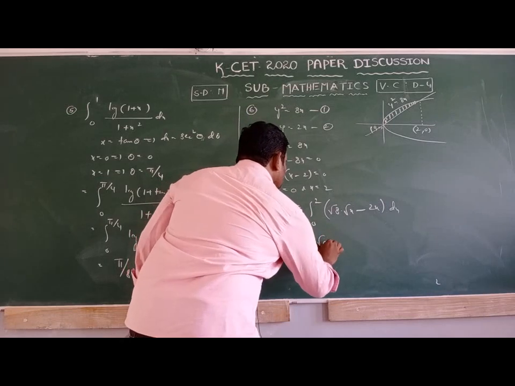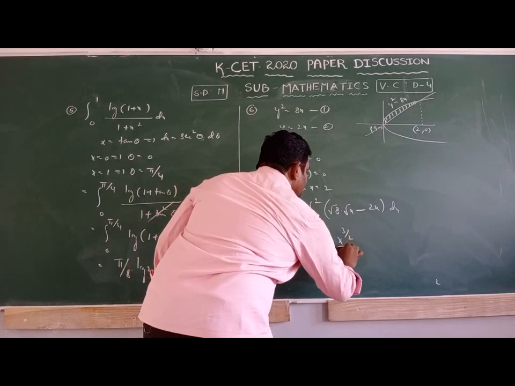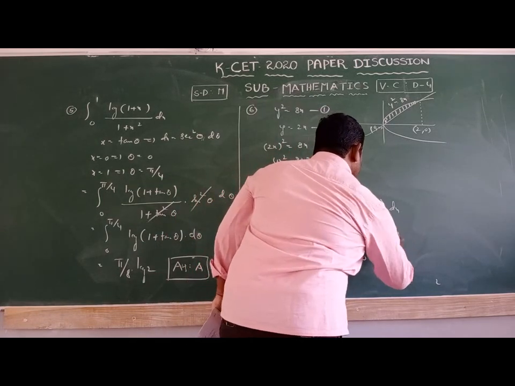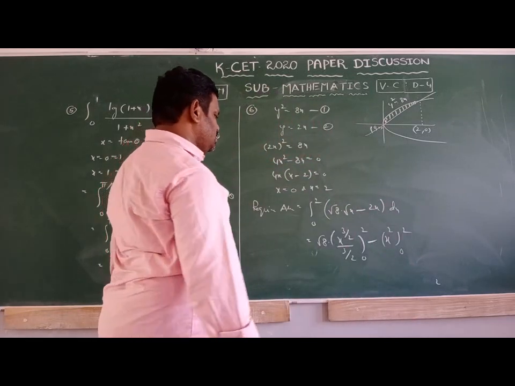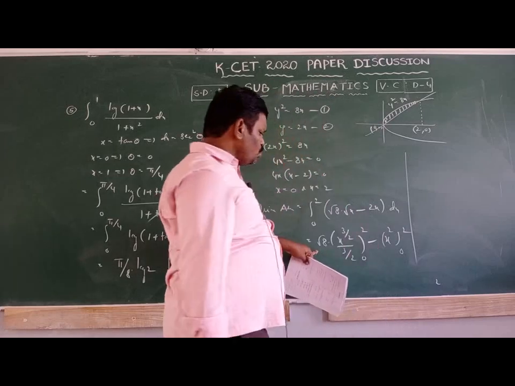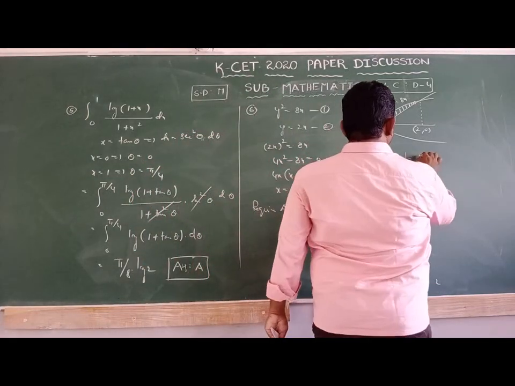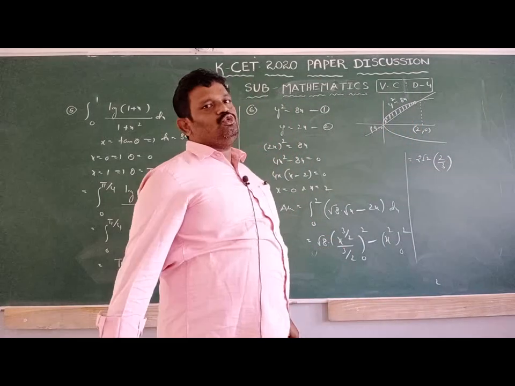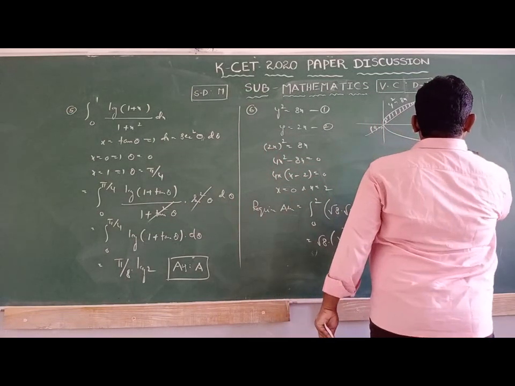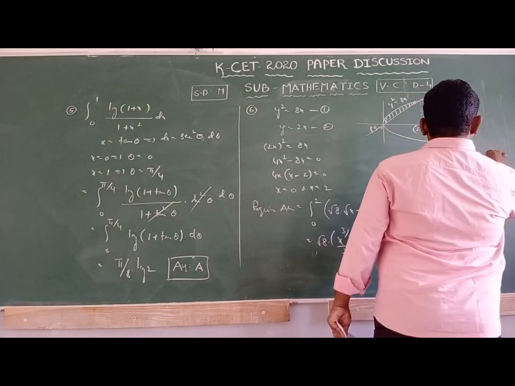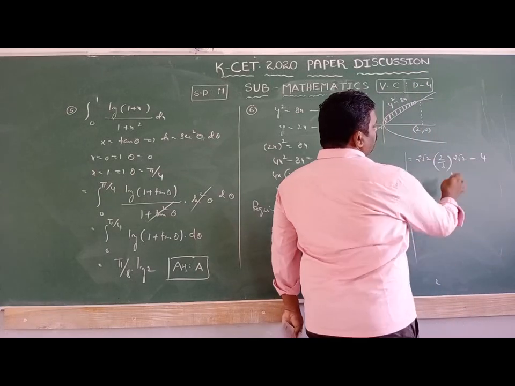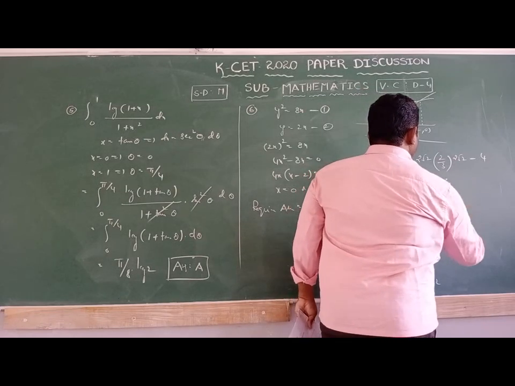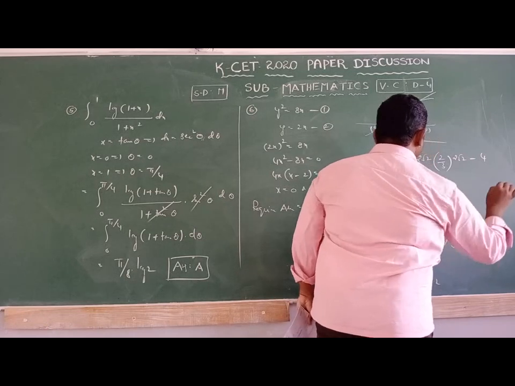Now integration: root 8 into x power 3 by 2 divided by 3 by 2, limits 0 to 2, minus x square, limits 0 to 2. Simplification: root 8 is 2 into root 2, and 2 by 3, and 2 power 3 by 2 is 2 into root 2, minus 4. That gives 16 by 3 minus 4, that is equal to (16 minus 12) by 3, that is 4 by 3 square units.